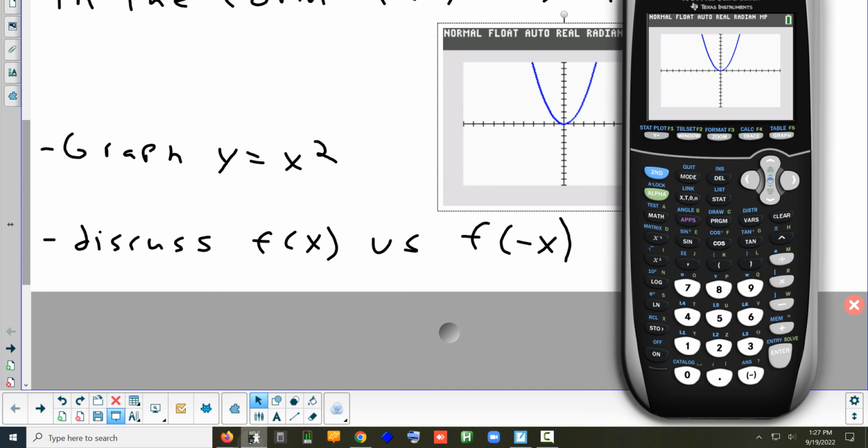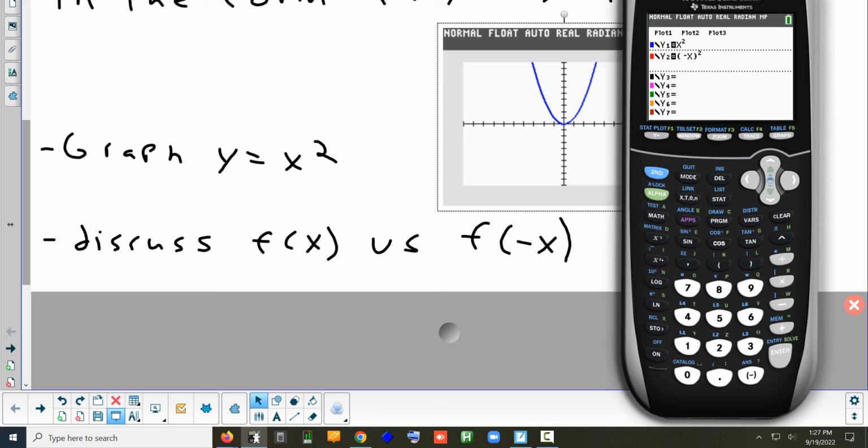Now, let's look at what happens if we substitute in for x, negative x. So I'm going to go down to y2. And in parentheses, I'm going to put negative x, close parenthesis, and square. So I just changed all my x's to negative x's.